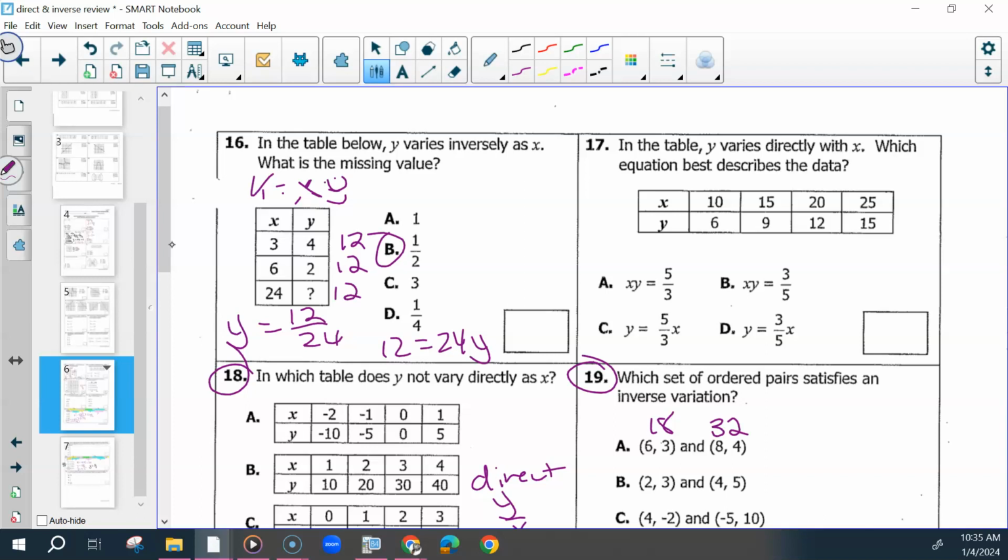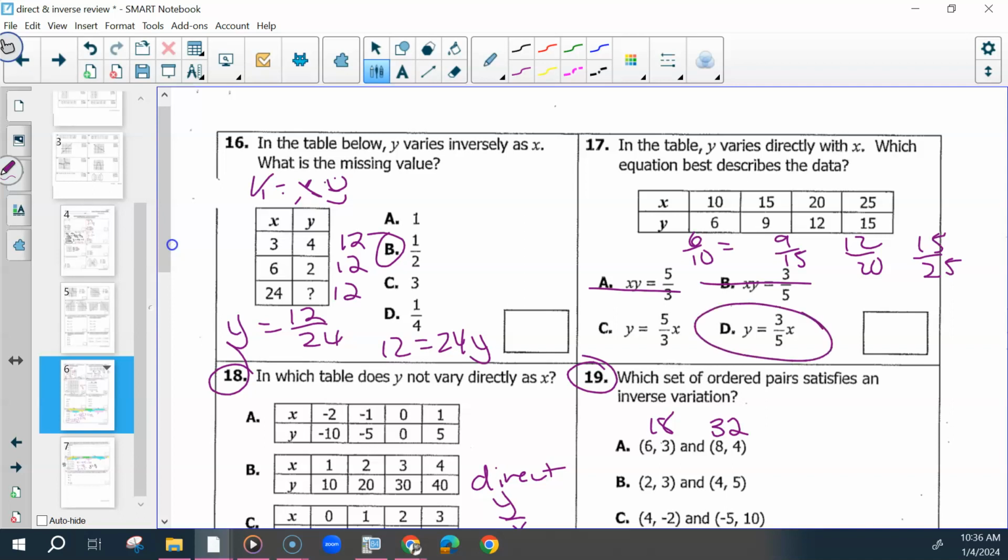In the table, y varies directly with x. Which equation best describes the data? So we have to find k first before we can look at the equation. But I can also eliminate these because these are to find k: x times y equals k. That's inverse. So it's going to be c or d. So if we divide y by x, what would that be? 3/5.